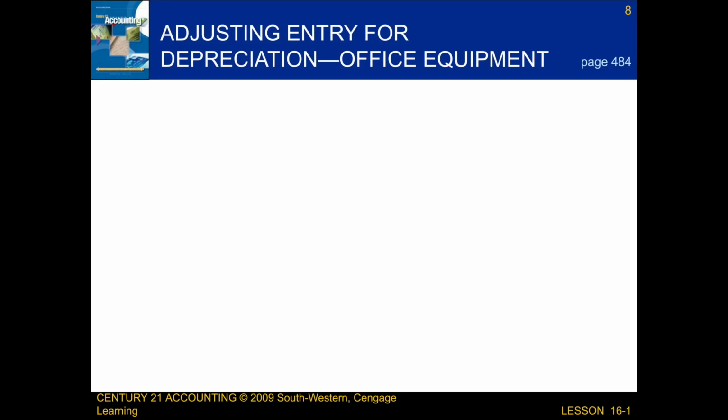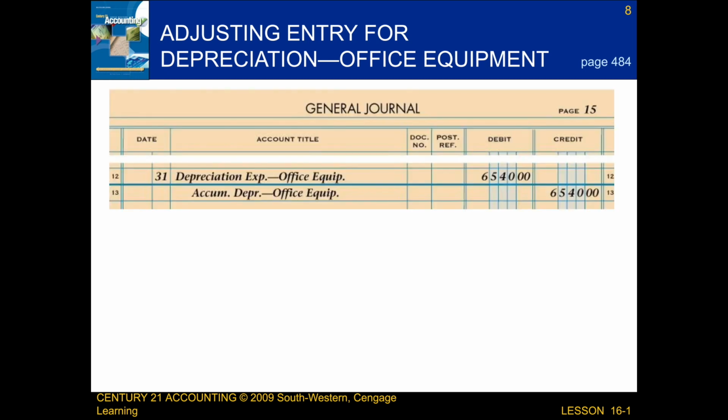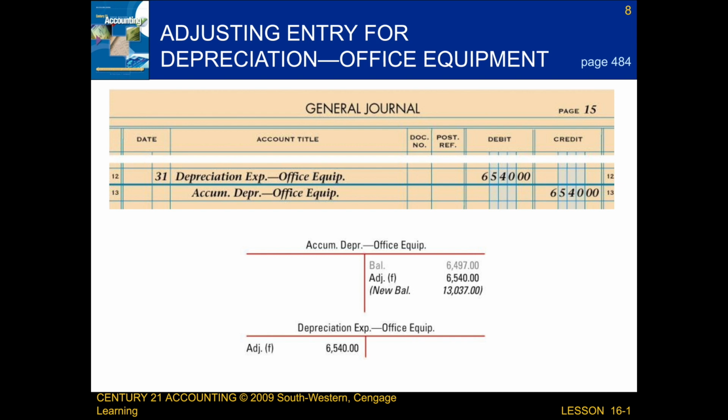Okay, next we're going to be talking about the adjusting entry for depreciation office equipment. So the adjusting entry for depreciation office equipment is as follows. We debit depreciation expense office equipment, and we credit accumulated depreciation office equipment.